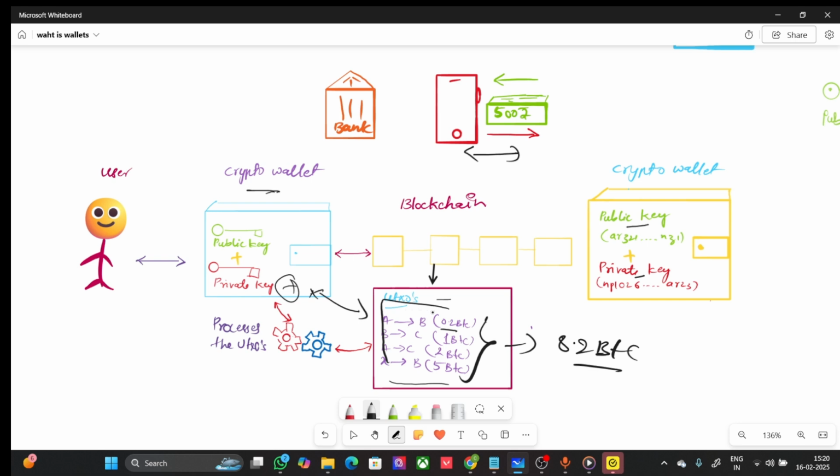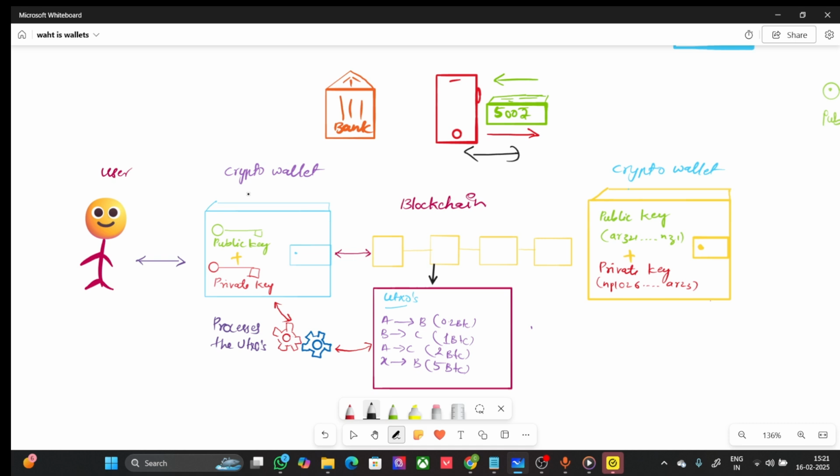The UTXOs are what is stored, and these UTXOs are present on the blockchain, not in your wallets. The sum of these will be reflected. The wallet will process these UTXOs and show them in your wallet. To make any transaction, you will use the same wallet with your private key, and send some of the unspent transaction outputs that you hold to anyone else.